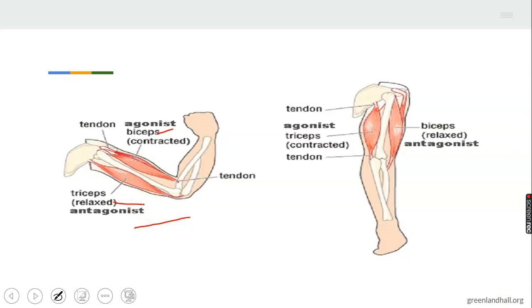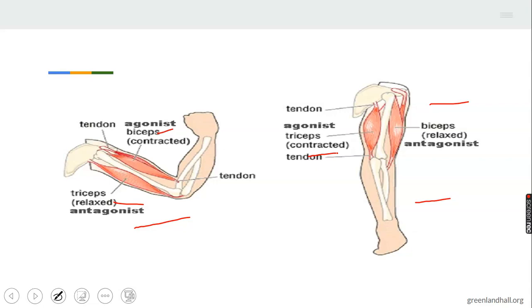The same thing happens to the bone of the lower leg. The biceps relaxes, the triceps contracts. So movement at the elbow is caused by the contraction and relaxation of the biceps and triceps muscles.